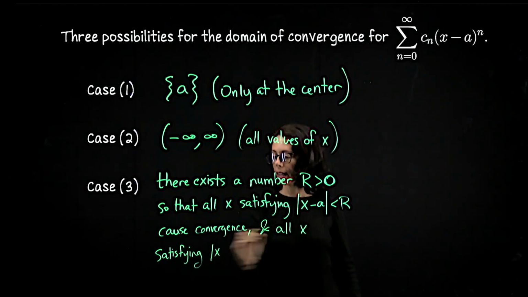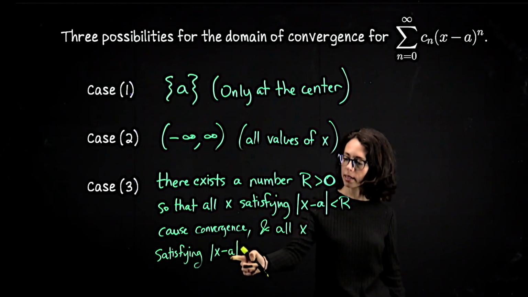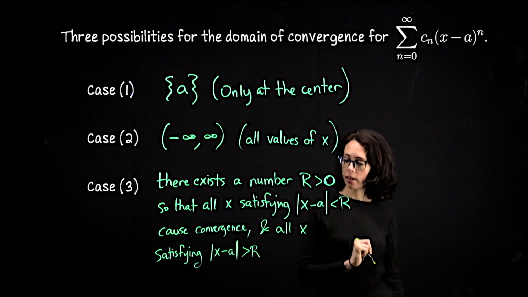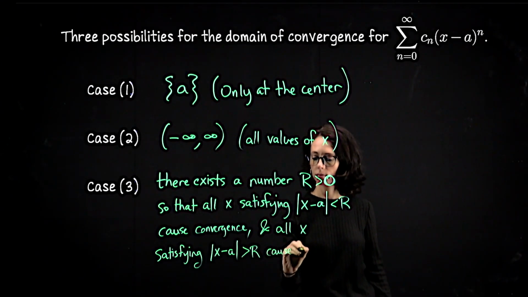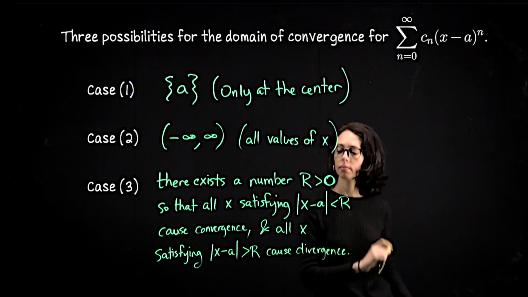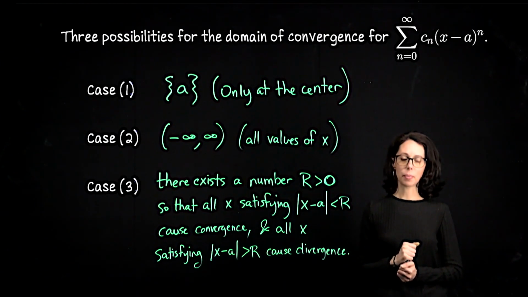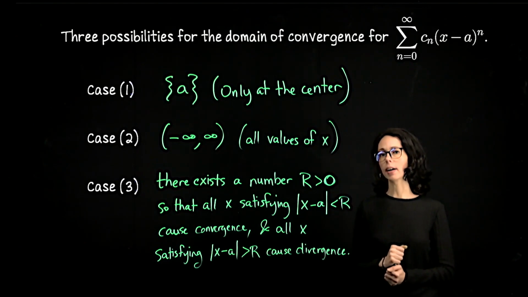So all x satisfying that the distance from x to a, so the absolute value of x minus a, is the distance from x to a. If that distance is greater than r, we get divergence. I've left out the possibility here that the distance from x to a is exactly r.